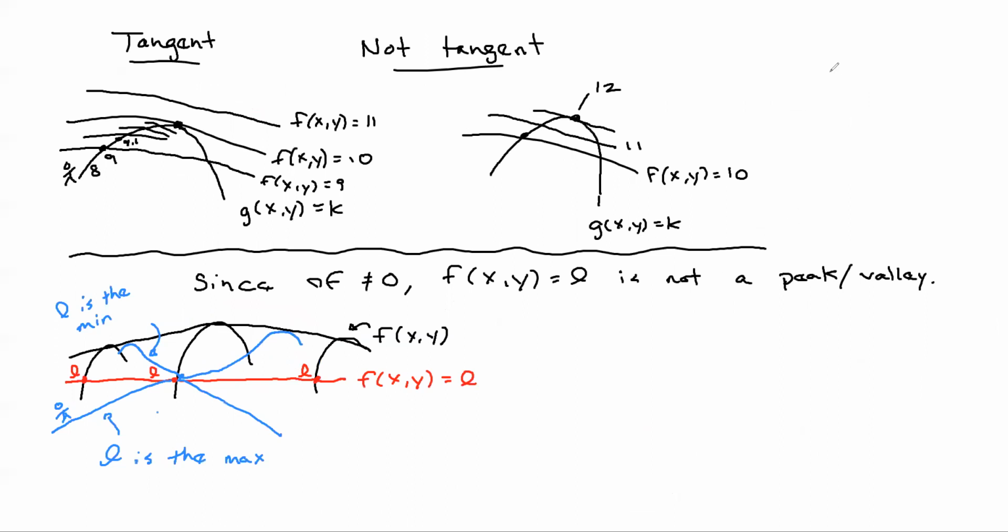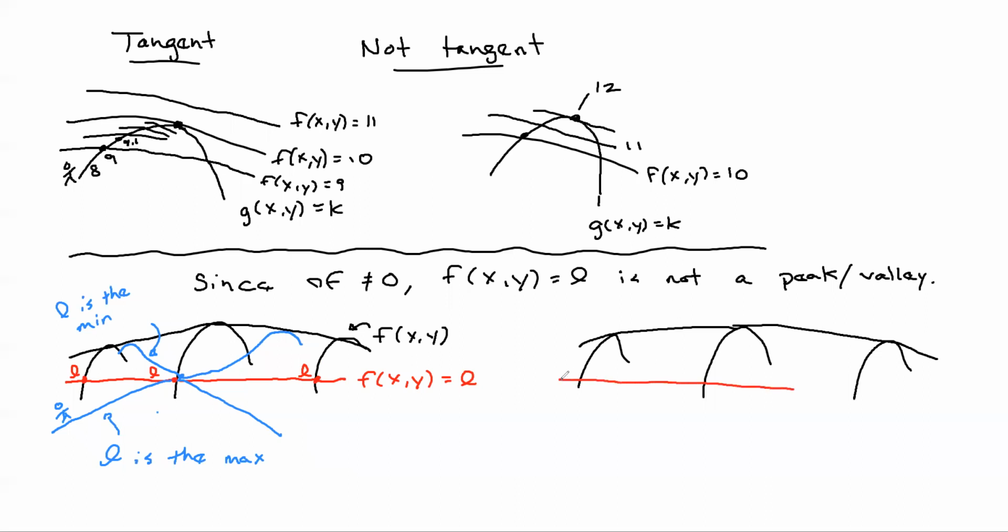Now, let me just draw you a second picture to illustrate this situation where they're not tangent. So suppose you've got your hillside. Here's the top. You've got L. F of xy equals L. It's all at the same height.